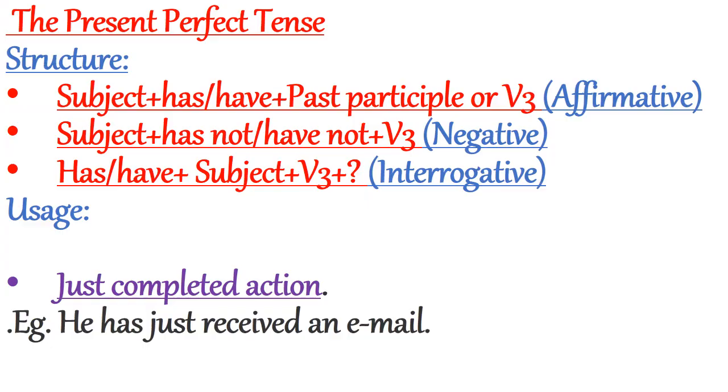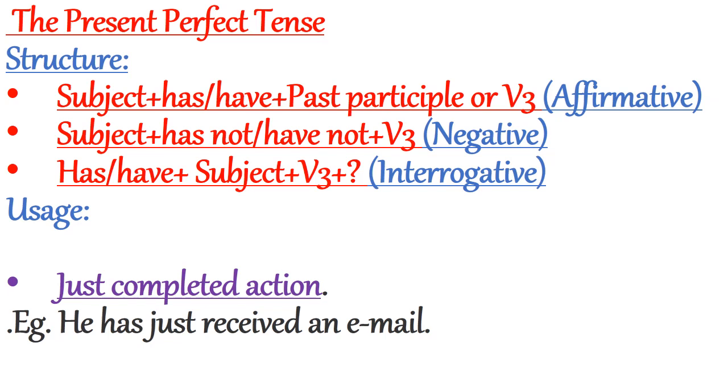The present perfect tense. First of all, we will discuss the structure of this tense. In structure, we use subject plus has or have plus past participle or third form of the verb in affirmative sentences.